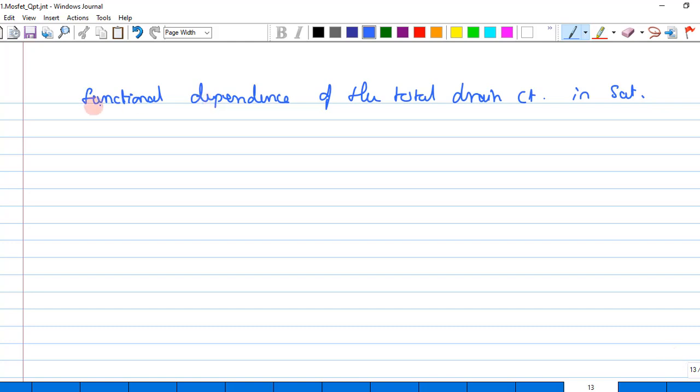Okay, now I just want to derive the functional dependencies of the total drain current. Whenever I say the total drain current, I'm actually talking about the composite current. So I write it as small i with capital D, and we know that it depends on many different parameters. In short, I can write it as K dash W by L. And how will I express this VGS? Since this is a composite, should I expand in terms of composite, DC or AC?